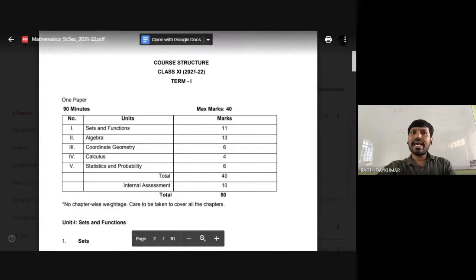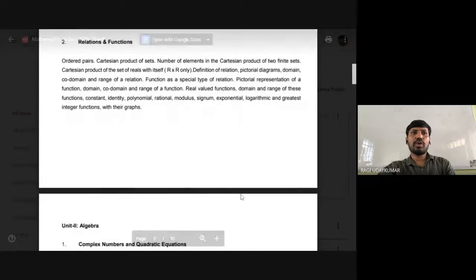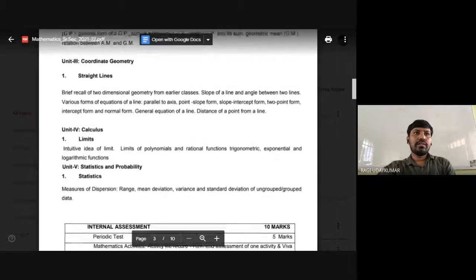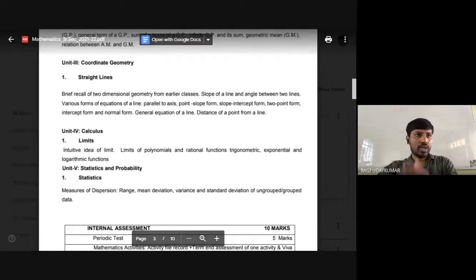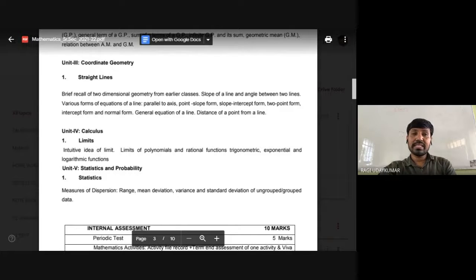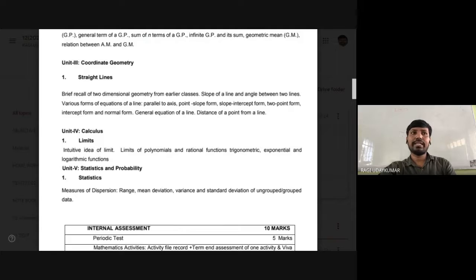Next, calculus 4 marks, statistics and probability 6 marks. Under calculus, only the limits topic is included: intuitive idea of limit, limits of polynomials and rational functions, trigonometric, exponential and logarithmic functions. Next, statistics and probability.